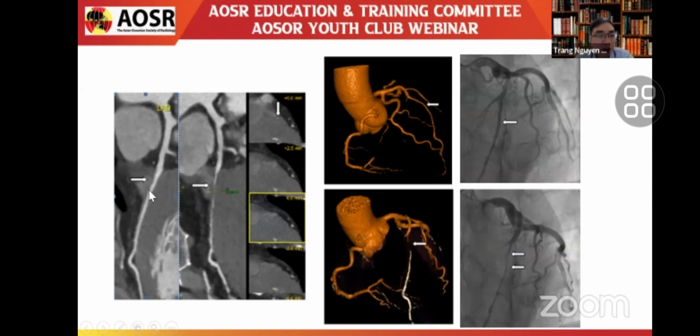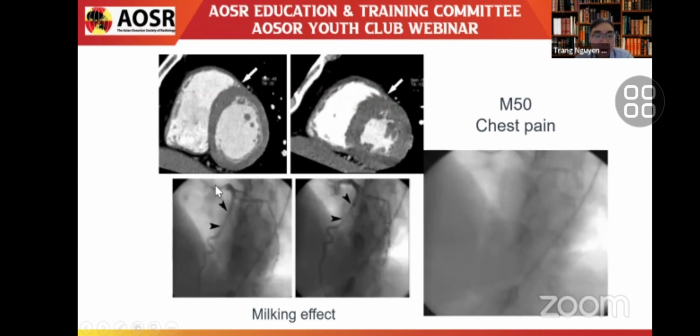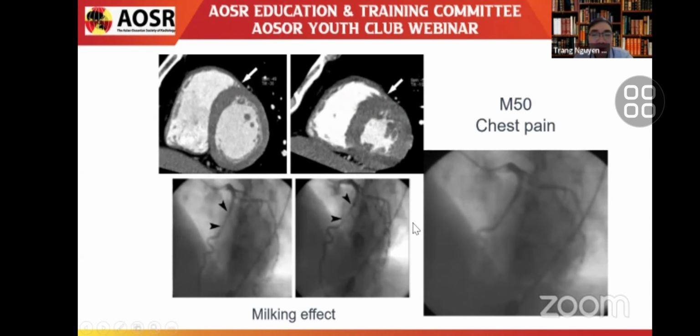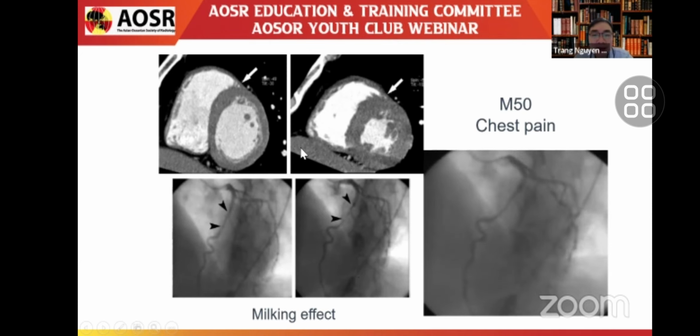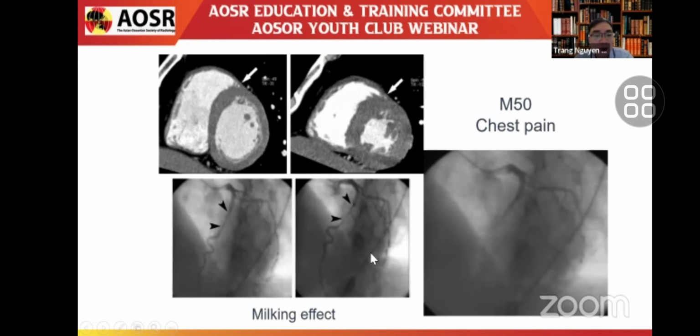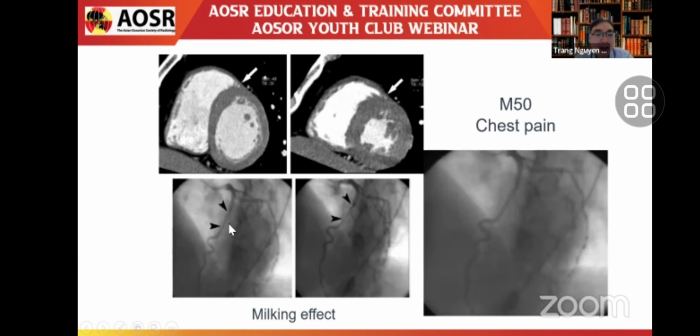Like this patient, LAD here in the end diastolic, and in end systolic here, we can see that the myocardial muscle compressed the LAD very strongly, and similar to this is the milking effect. That's the image when we do the ICA percutaneous coronary angiography, systolic phase and diastolic phase here.